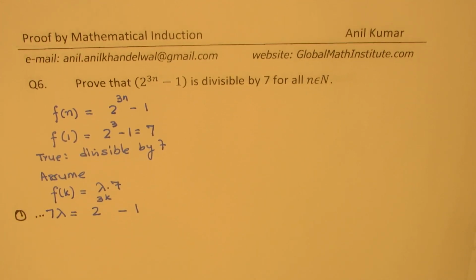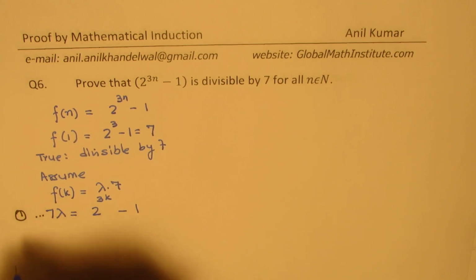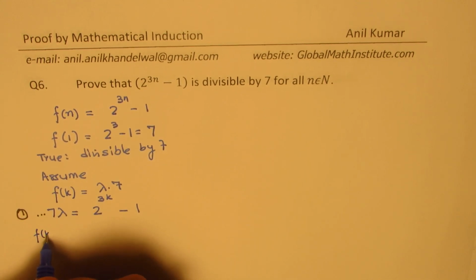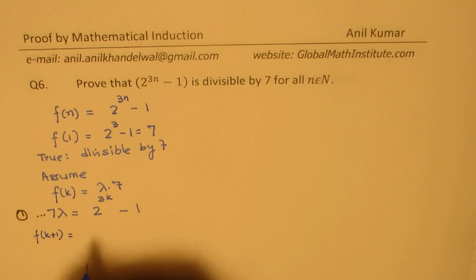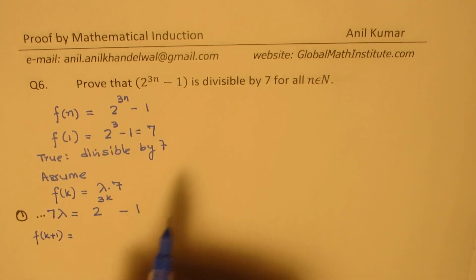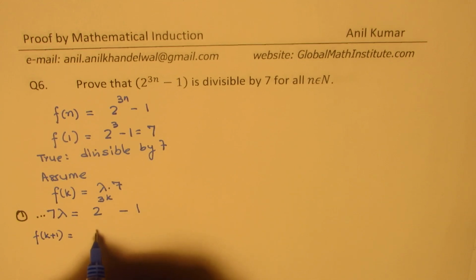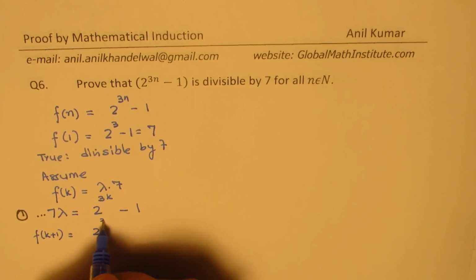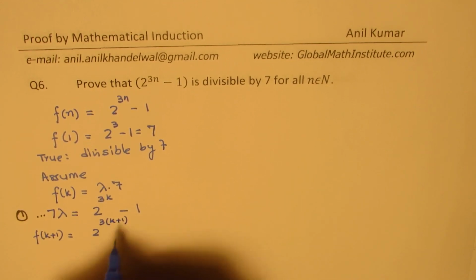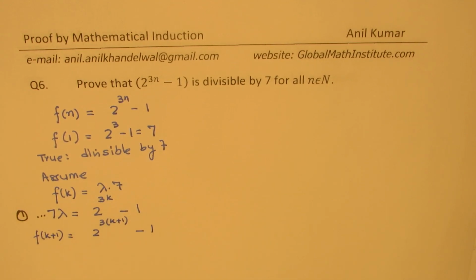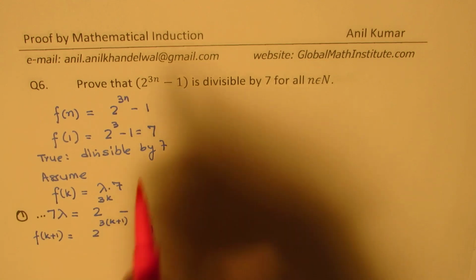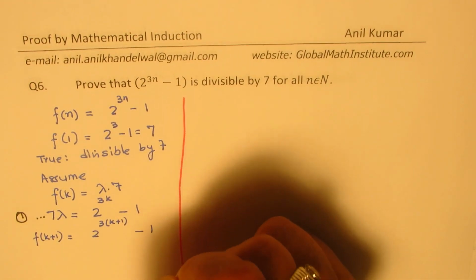What we need to do now is to prove that f of k plus 1 is also divisible by 7, right? So if I replace n by k plus 1, we get 2 to the power of 3 times k plus 1 minus 1. Clear? Let's take it to the right side to rearrange and then prove it.